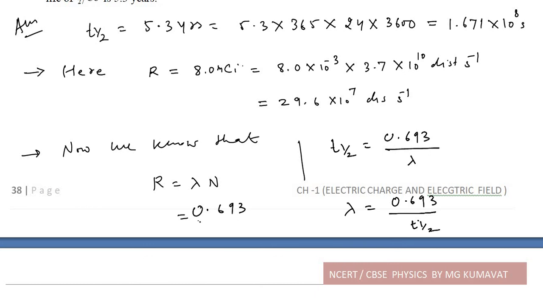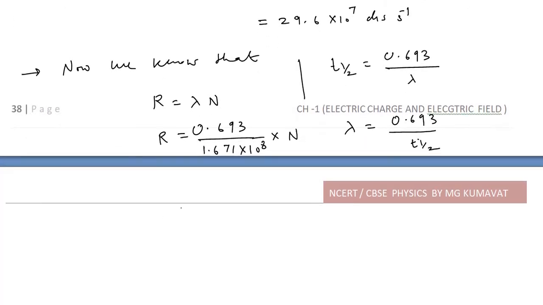So we can write lambda is equal to 0.693 divided by half life time, and the half life time is already given to us. So we write in place of lambda 0.693 divided by the half life time, that is 1.671 multiplied by 10 to the power 8, whole multiplied by N.